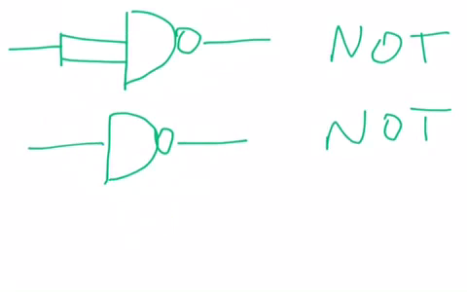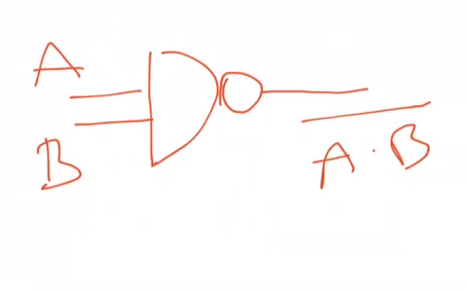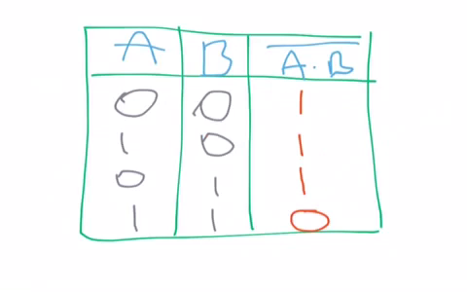Why? If you go back to the NAND gate truth table, you can observe 1 0 0 is there, what did we get? 1 1 1 is there, what did we get? 0. If the two inputs are the same, the output is the opposite. If the two inputs are the same, 1 1, the output is 0. Here 0 0 gives 1, 1 1 gives 0.